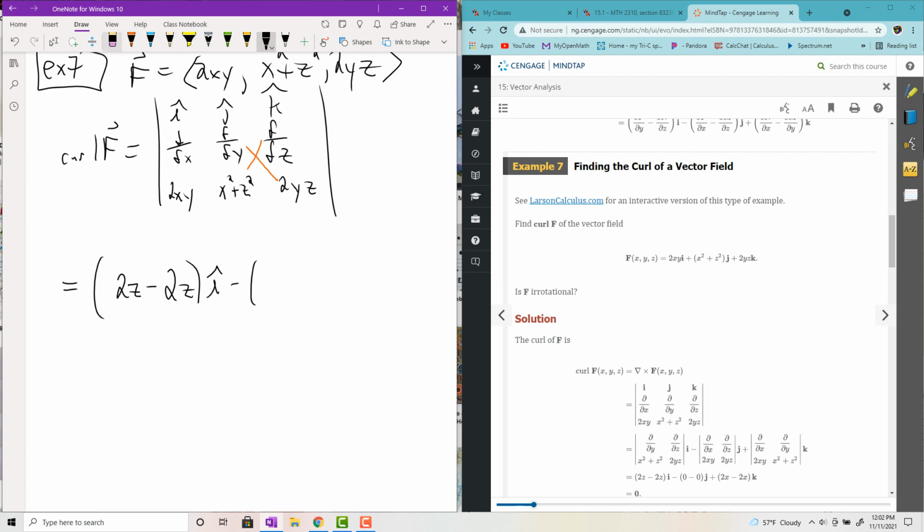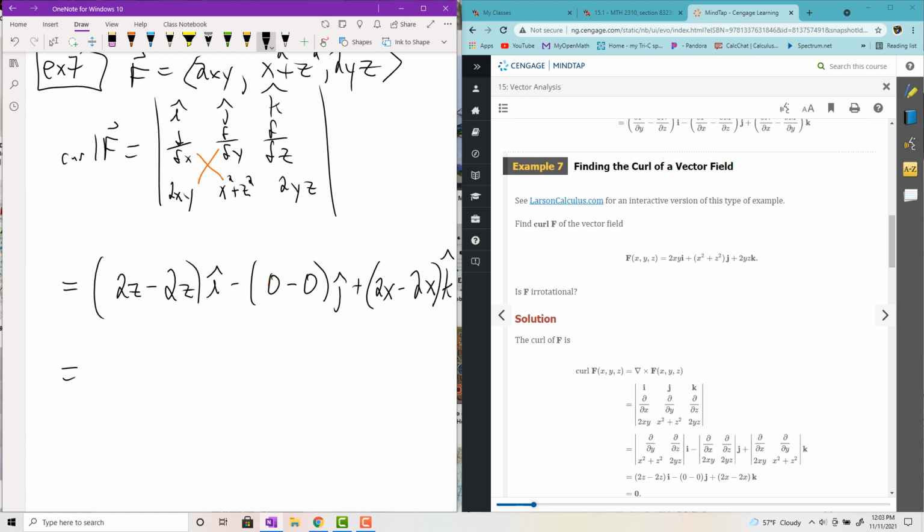Minus, now covering up the middle column, you're taking partial derivatives: the first with respect to x is 0, and the second with respect to z is 0, because there is no z in the first one and no x in the second. j plus, finally, covering up the last column: partial with respect to x of x squared plus z squared is 2x, and partial with respect to y of 2xy is 2x.